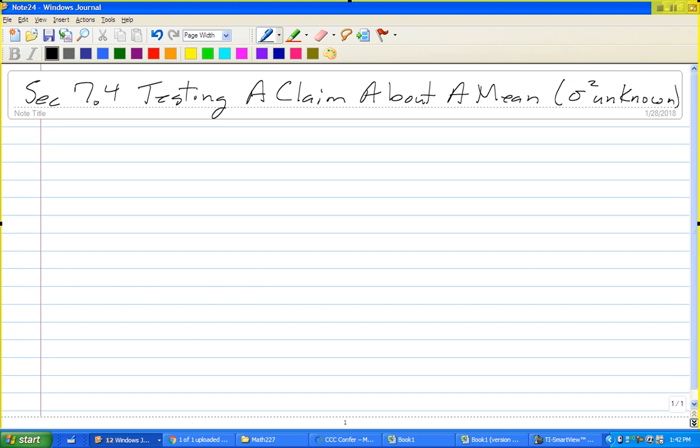So in this case, we're just going to be doing the same thing, but we're going to be using a t-test rather than a z-test. But everything else will really work the same. So let me do some examples.